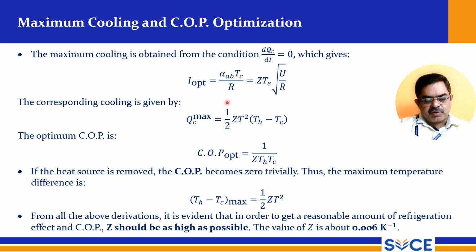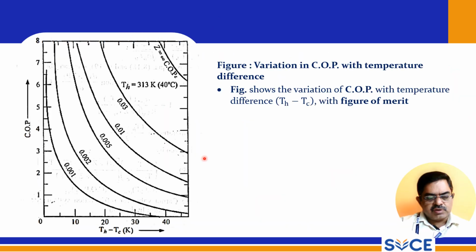From all the above derivations, it is evident that in order to get a reasonable amount of refrigeration effect and COP, Z should be as high as possible. So that is, the Z value is 0.006. So this is the figure of variation in COP with temperature difference.